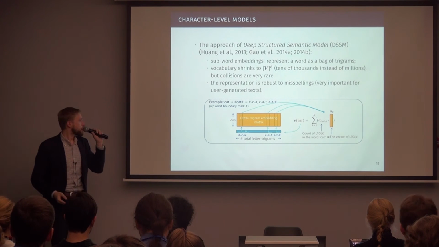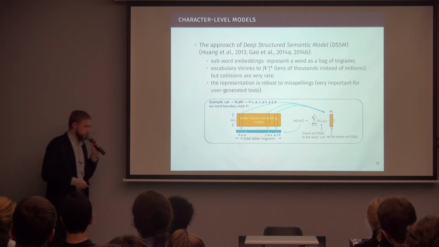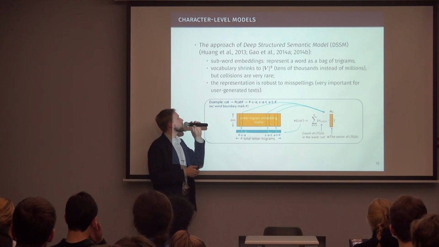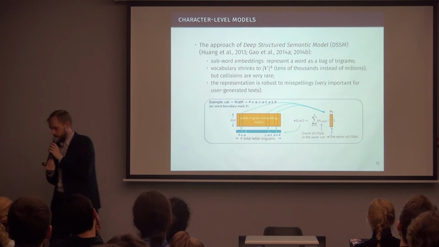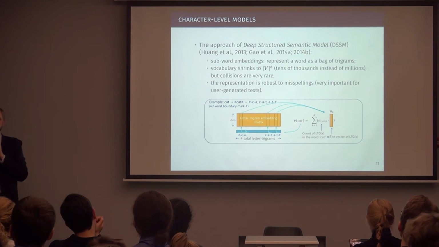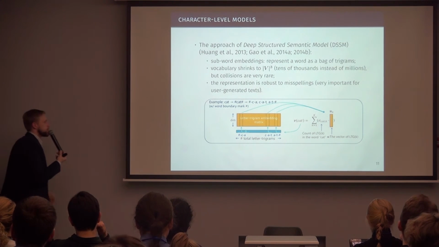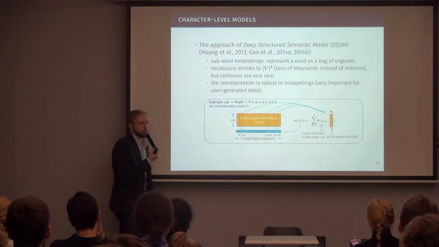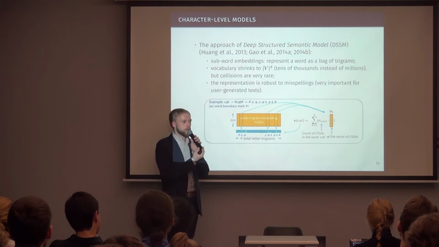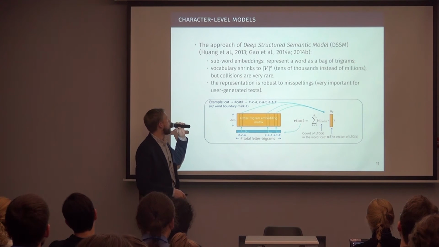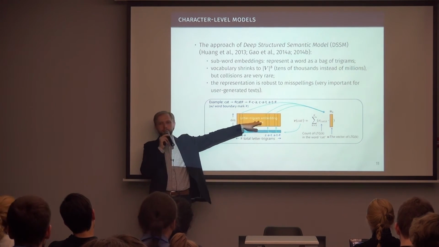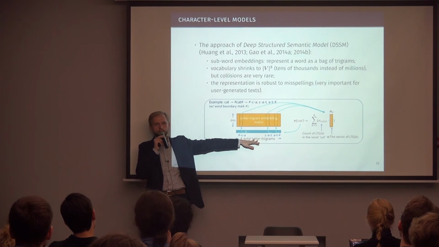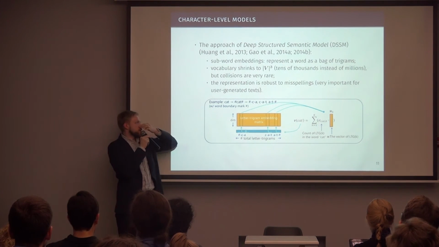Another approach along the same lines is used in what are called deep structured semantic models. I will speak about it a bit later. This is a general approach to text processing developed in Microsoft Research lately. The DSSMs use what is called letter trigram embeddings on the bottom level. So notice the difference.